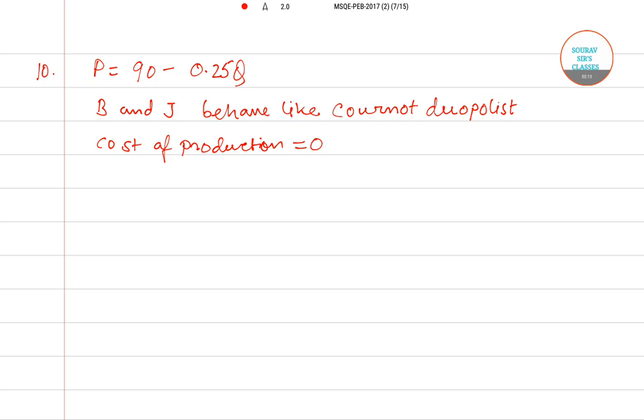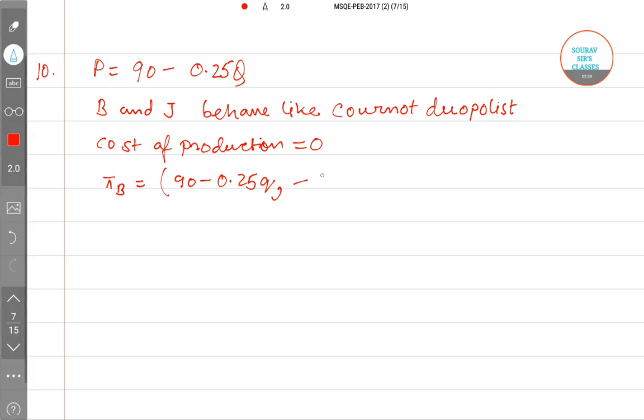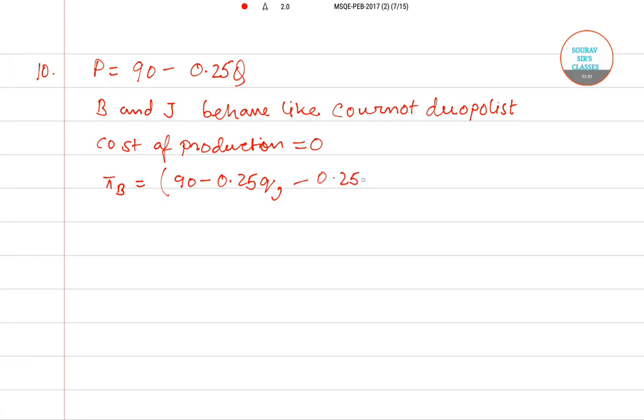Now the profit function for B could be written as 90 minus 0.25QJ minus 0.25QB, multiplied by QB.